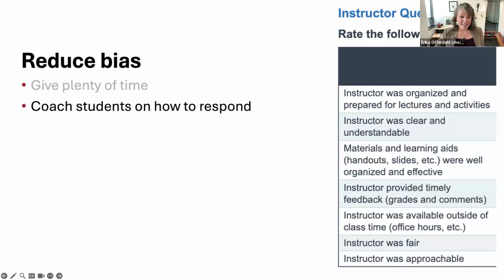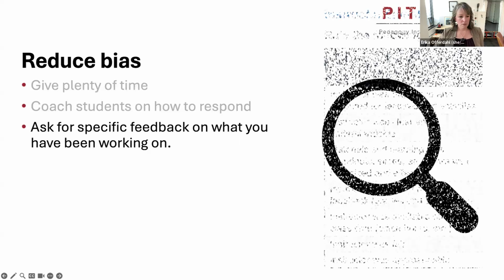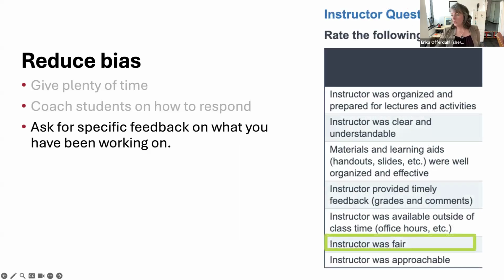So when I look at these particular prompts, the one that sticks out to me here is the instructor was fair. What does that even mean? I think a student can interpret that in a lot of different ways. So I'll pull this one out for students and I'll say, this is how I would like you to think about fair.